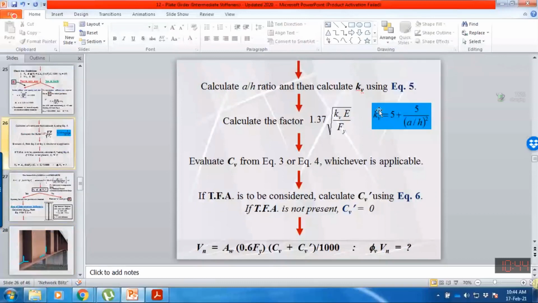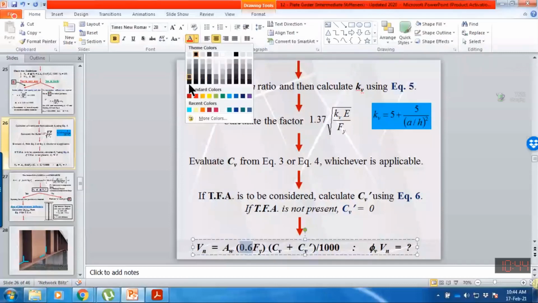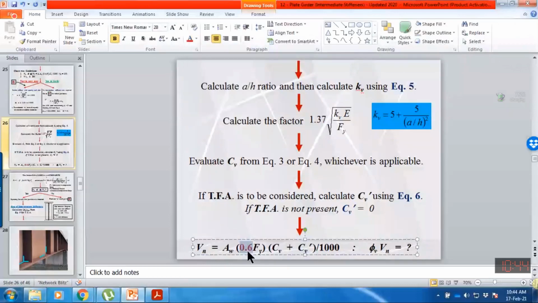Here there is a new modification in the book. This parameter 0.6 is the parameter that we use to convert the shear strength into normal strength. This parameter 0.6 is in the AISC code, but AASHTO says that this parameter should be computed by this equation.